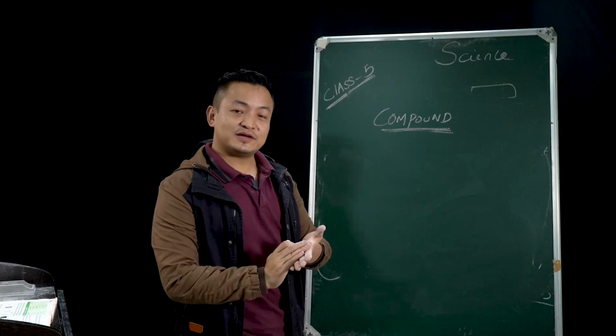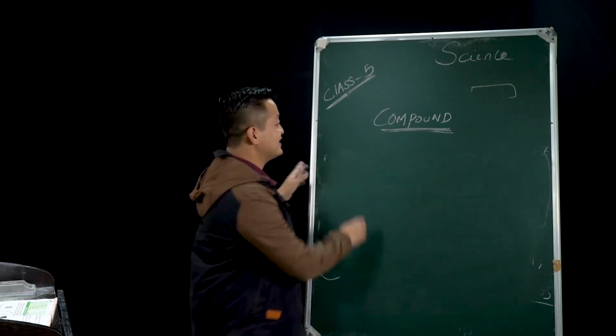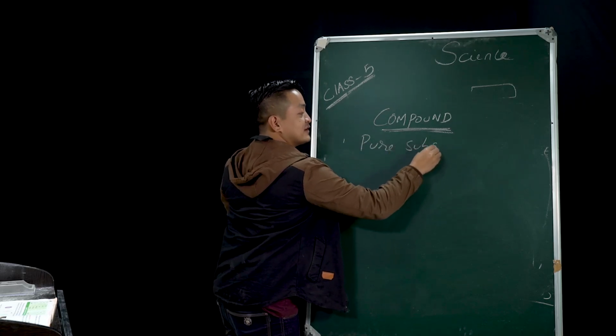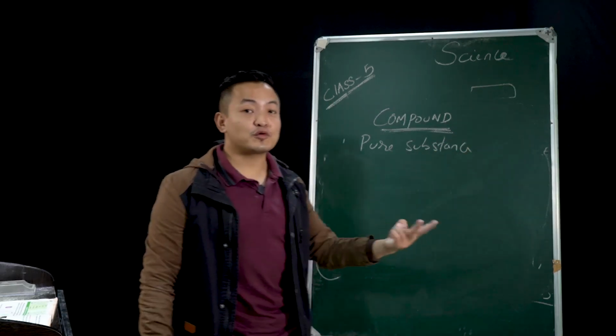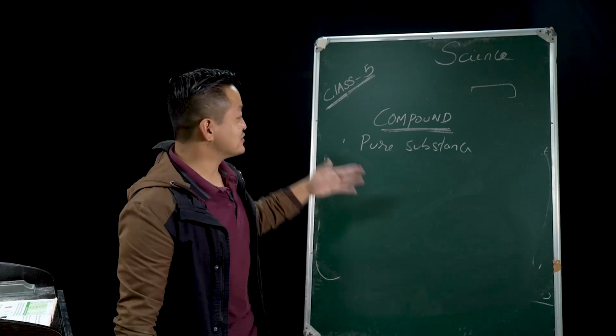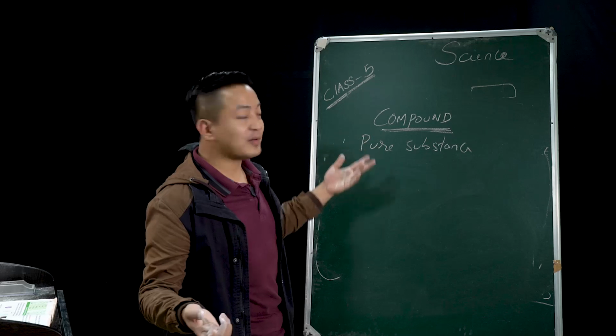We are done with elements. Now let's study compound. A compound is a pure substance, right? It is a pure substance made up of two or more different elements. Clear? Elements now you know, right? So two or more elements give a compound.